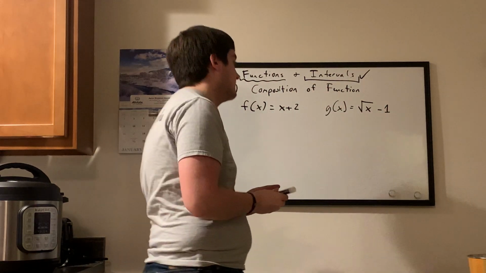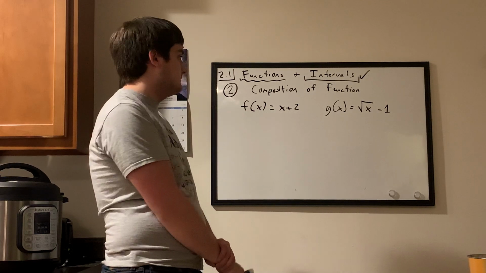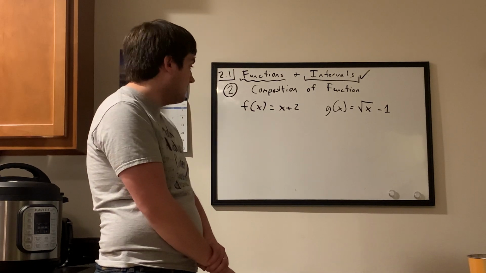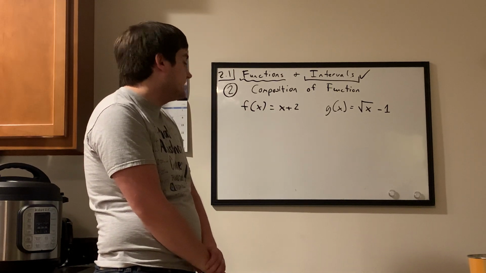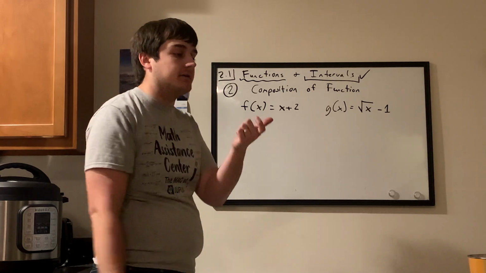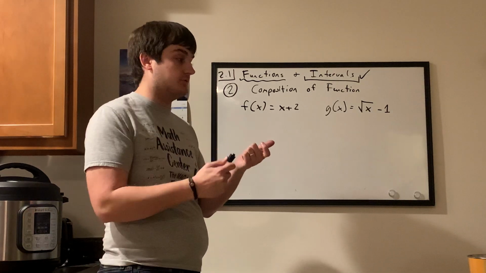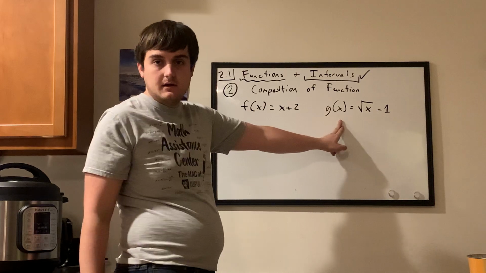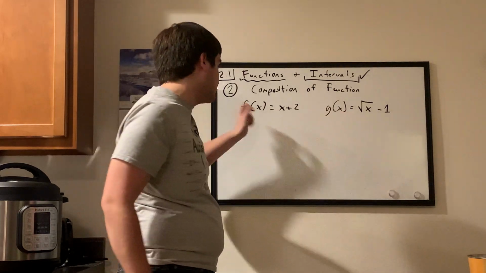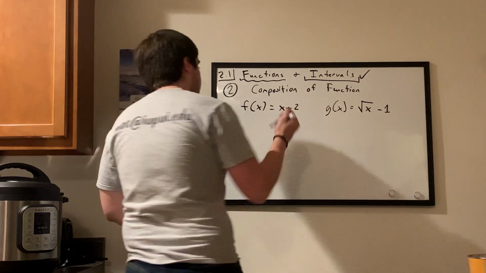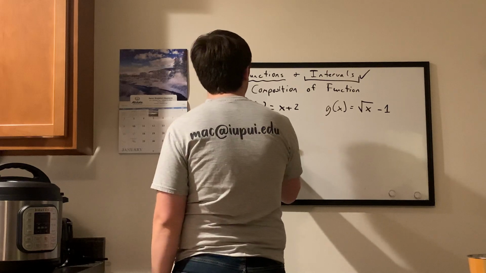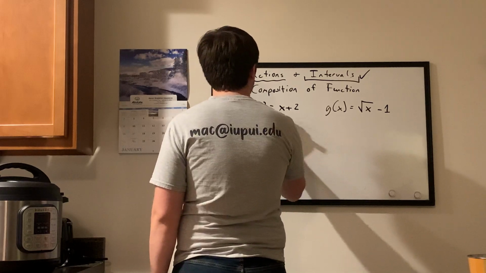Cool. Okay. So let's say that I want to take a value and I want to plug it into g and then put that value into f. Well, the way that we write that is I'm going to notate that as f of g of x.